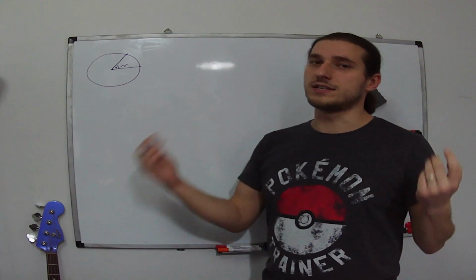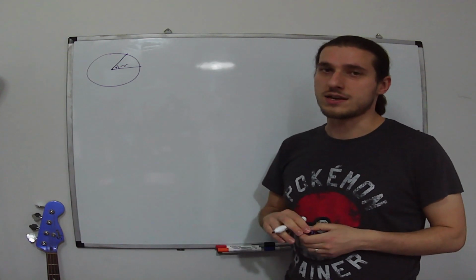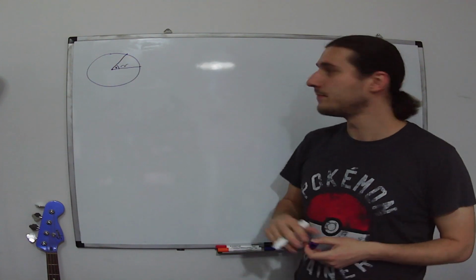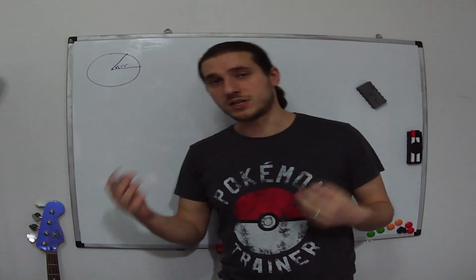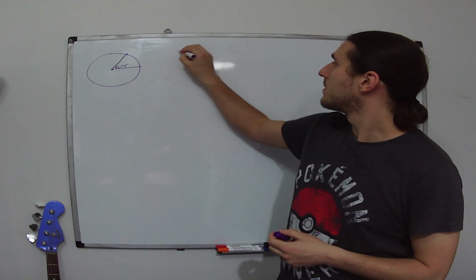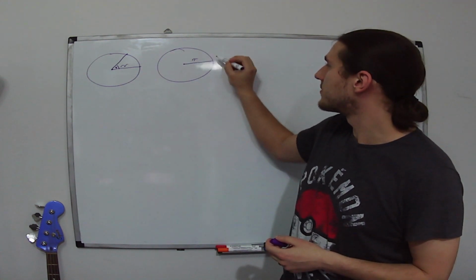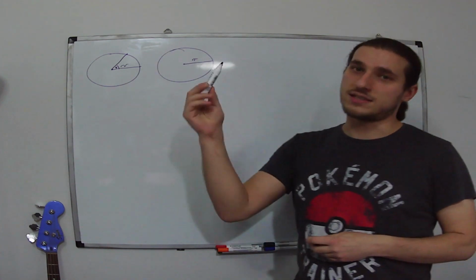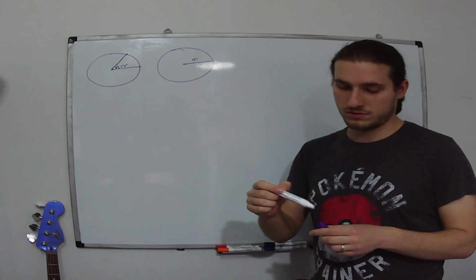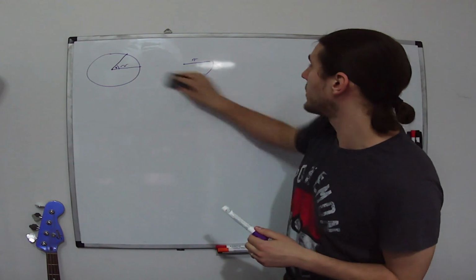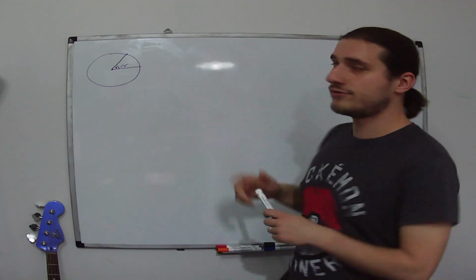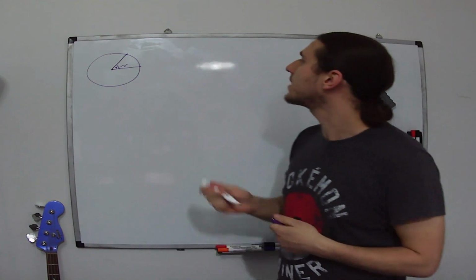We use radians to describe the angles on a circle as well. And why? It's because the ratio between a radius and a circumference is the same for every single circle. So we can use that to form a new system for measuring angles.